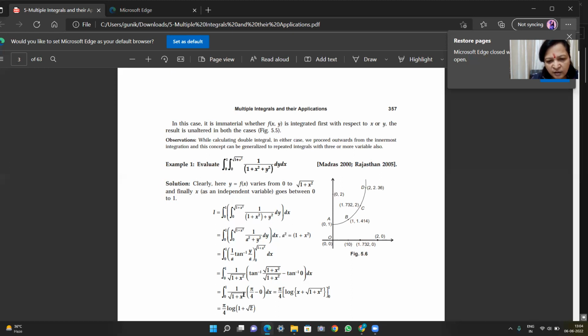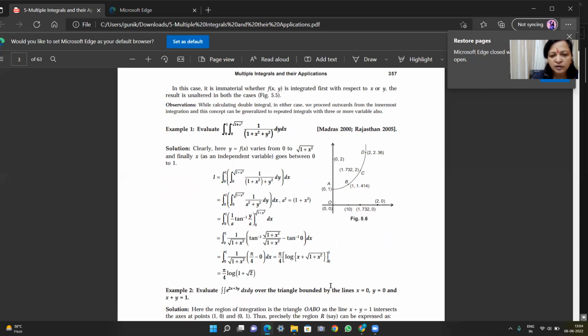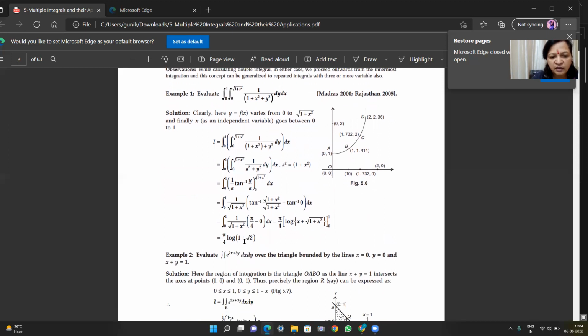So finally we get pi by 4 dx upon under root of 1 plus x square. And dx upon under root of 1 plus x square, इसका इंटीग्रेट करेंगे. This is log of x plus under root of 1 plus x square, and the limit is from 0 to 1. Now putting the limit, we get the required result.